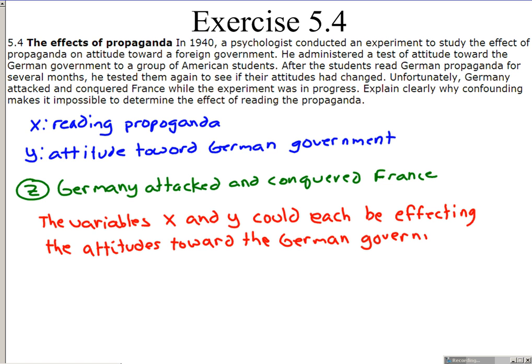So we don't know for sure whether it was the fact that they read the propaganda, or the fact that Germany attacked and conquered France that is affecting their attitude toward the German government. So those two variables are confounded.